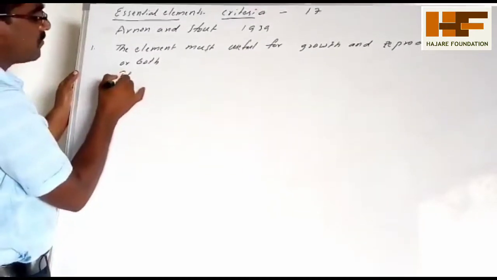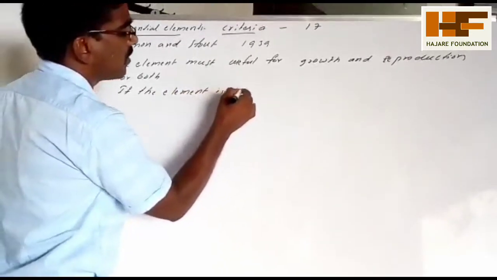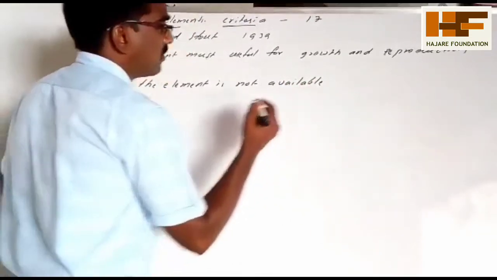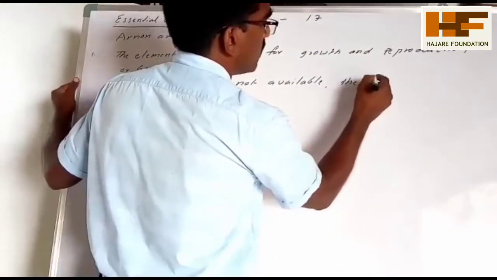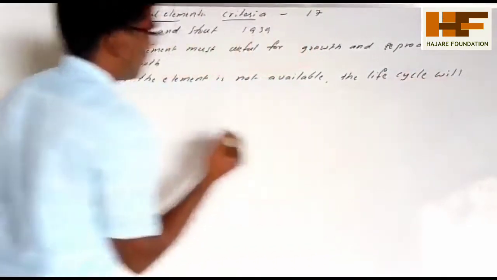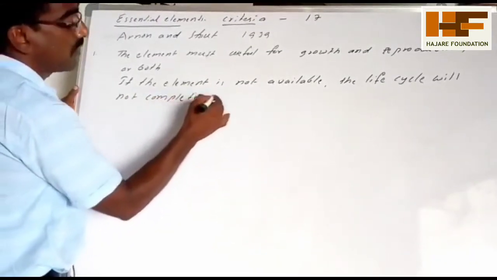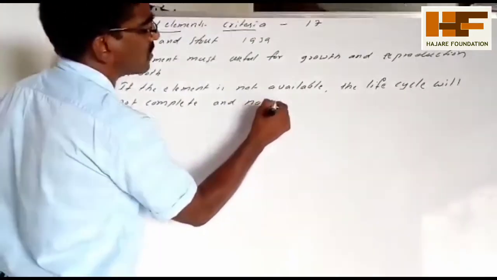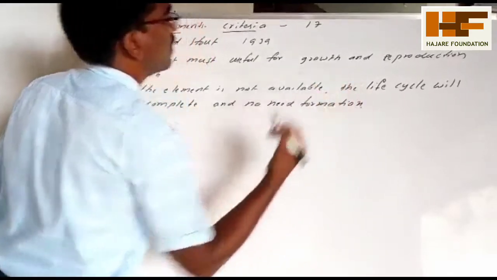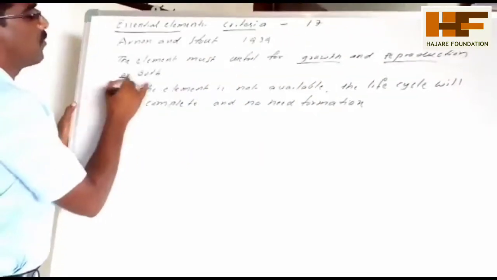If the element is not available, the life cycle will not be completed and no seed formation takes place. So the element must be useful for growth or reproduction or else for both.